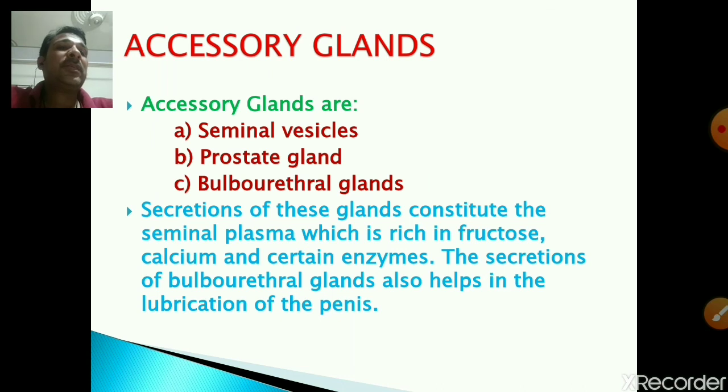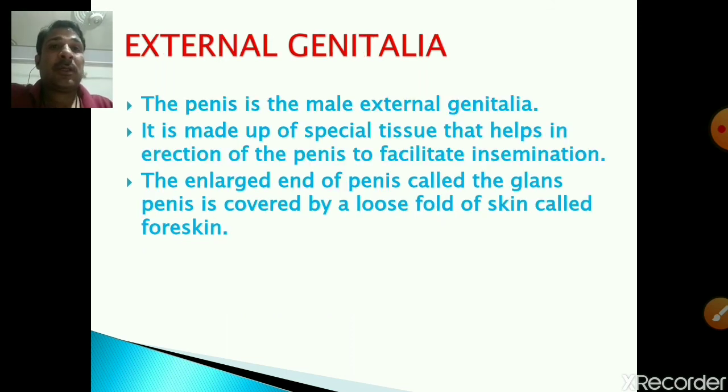The secretion of these glands constitutes the seminal plasma, which is rich in fructose, calcium, and certain enzymes. The secretion of the bulbourethral gland also helps in the lubrication of the penis.